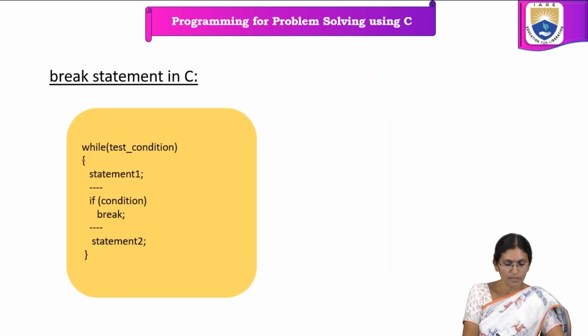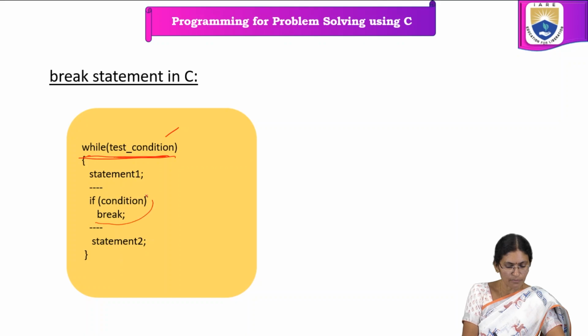Now the next one, the while loop. Inside the while loop also we can make use of the break statement. This is the syntax for the while loop. While the test condition is evaluated, if it is true, then the statements inside this while loop will be executed. If this condition is false, then the control will be transferred out of the while loop.